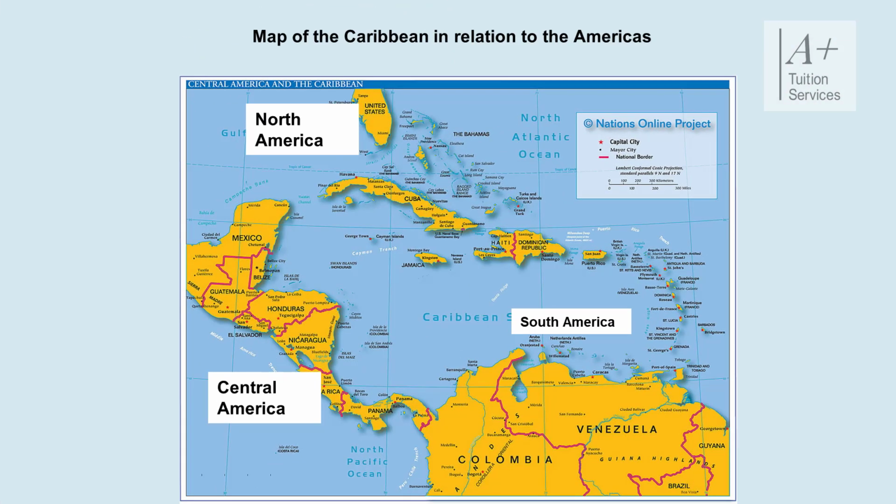Here we have a map of the Caribbean and all those islands coming down. On the right hand side is the Caribbean chain. At the very top you'll see the peak of Florida, which is North America. We have Mexico, Honduras, Nicaragua, Costa Rica and Panama, that is Central America, to the left, and that is connecting South America, which consists of Colombia, Venezuela, Brazil and Guyana.